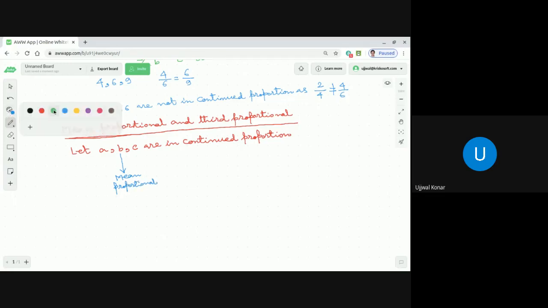And C is known as the third proportional.